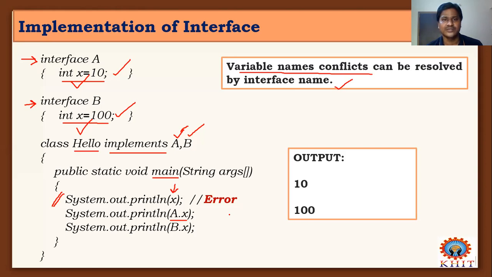Class name dot static variable of the class. The same way here, name of the interface dot variable name defined in the interface. The same way we can access these two, and the output of this one is 10 and 100. Okay, naming conflict. I will show you the execution part, right?